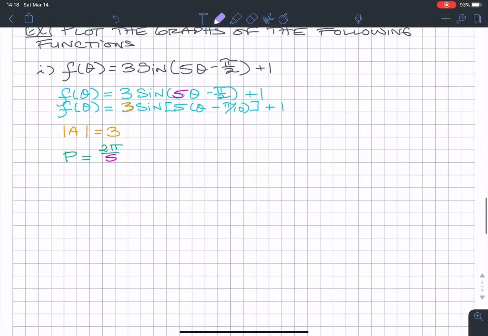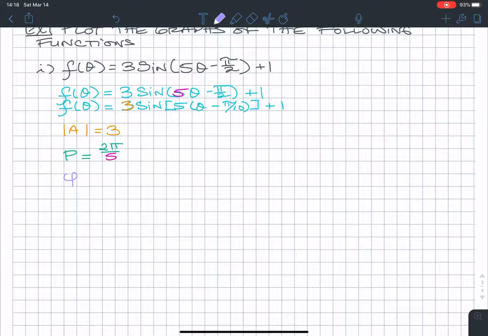So now the phase shift phi is going to be the negation of negative pi over 10. So that is, it's pi over 10. Or I can just say it's counterintuitive, because I know the phase shift corresponds to horizontal translation. So that's basically right, pi over 10 units.